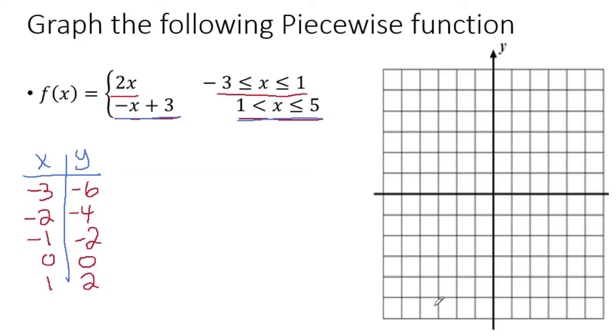I'm going to start with -3, -6 right here, -2, -4, -1, -2, 0, 0, and 1, 2. And I'm going to connect all these dots with a line to graph my first piece of the function.